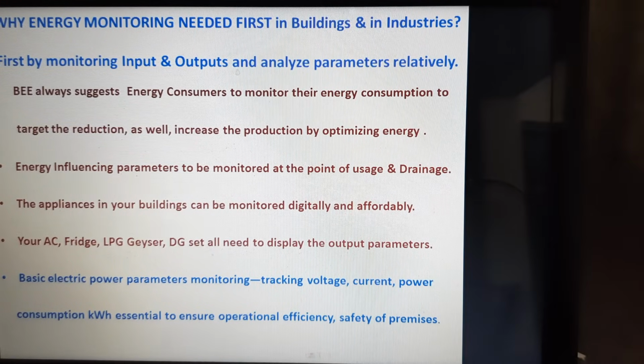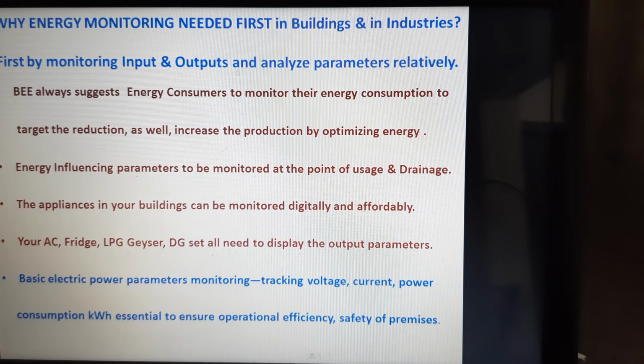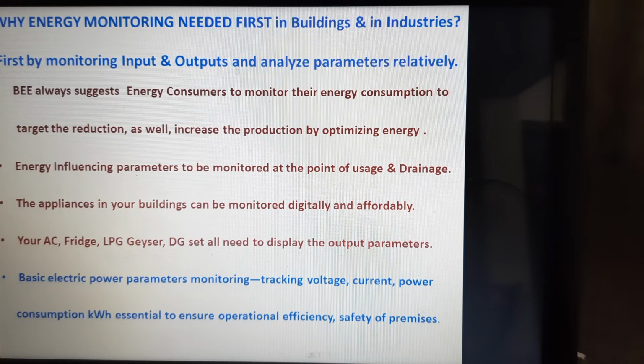Why is energy monitoring needed first in the buildings and industries? By first monitoring the input and outputs of any given equipment, the energy inputs and the deliverable outputs of the equipment, machines or appliances, and analyzing the parameters relatively, there is definitely an appreciable and excellent scope for energy saving in the existing equipments and machines in the buildings and industries.